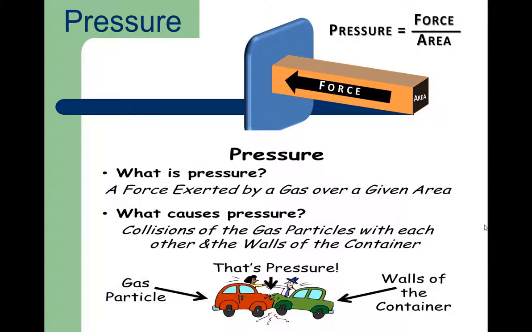When we talk about pressure, pressure is force divided by the area that it's exerted on. So collisions of gas particles on each other or against the wall, when they hit each other, that's the pressure.